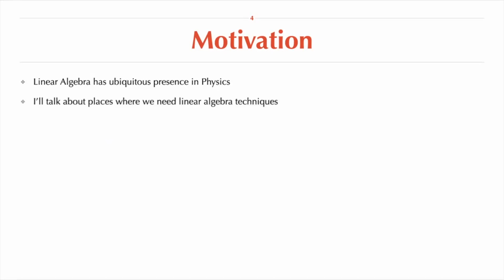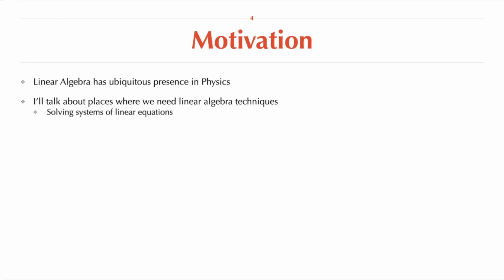There can be many places where you will need linear algebra techniques, and many times it is possible to solve them just with paper and pen. But that cannot always be true, because when the size of the system increases, it becomes very hard to solve on paper. In those cases, you will need some numerical techniques.